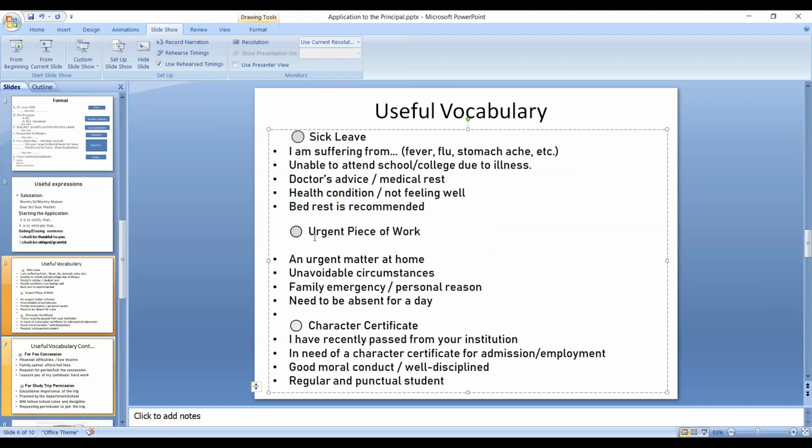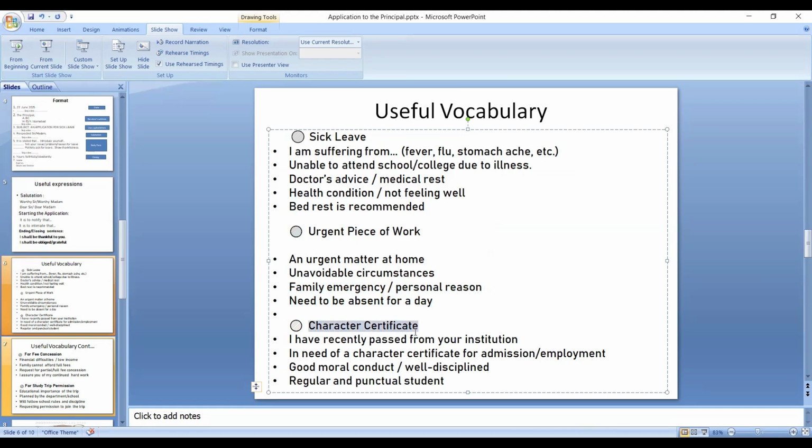If you are writing an application for urgent piece of work, you might need to learn these phrases: "an urgent matter at home," "unavoidable circumstances," "family emergency," "personal reason," "need to be absent for a day."